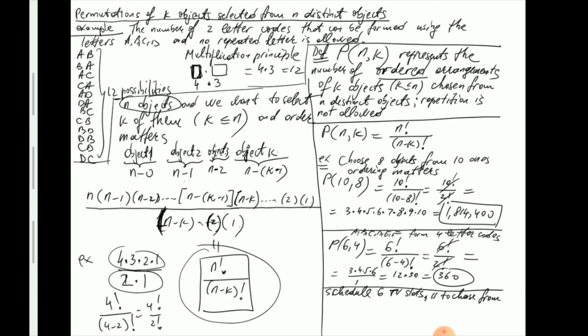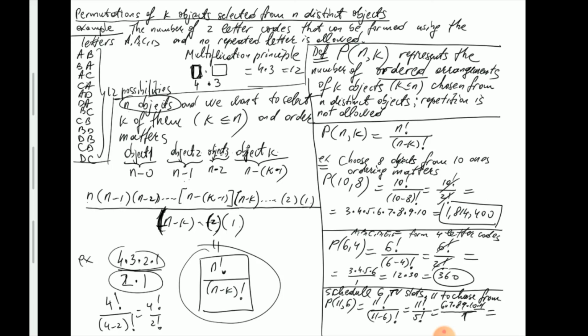So that's going to be ordered arrangements of 6 objects selected from 11. So the permutation of 11 comma 6. 11 factorial divided by 11 minus 6 factorial. That's 5 factorial. Simplify the factorial, so that's going to be 6, 7, 8, 9, 10 times 11 over 1.